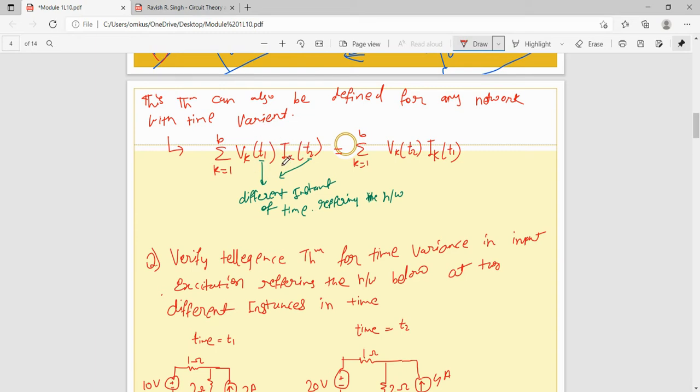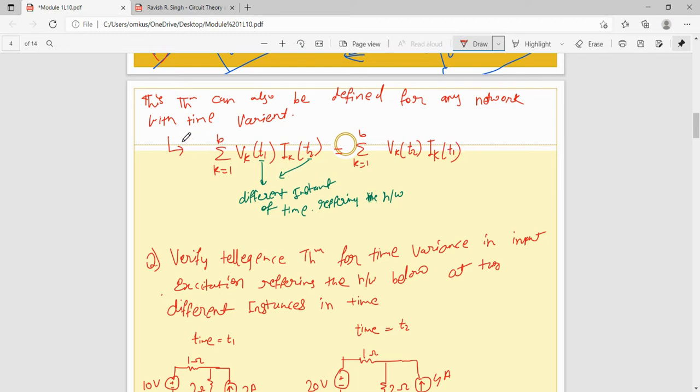Similarly you sum up all the elements, and verify it is equal to the second case, where you take the voltage of the t2 circuit and the current of the t1 circuit.